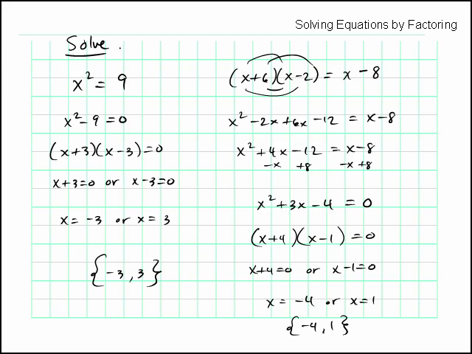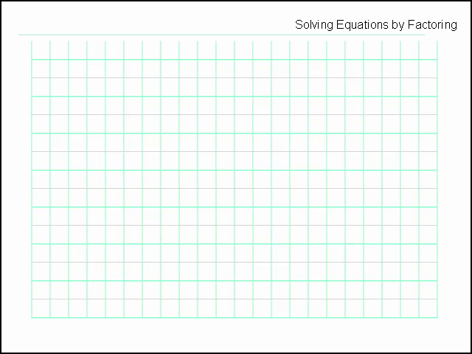Okay, one more like this. 3x cubed plus x squared equals 4x. Move everything to the left side. The equation is now equal to 0.